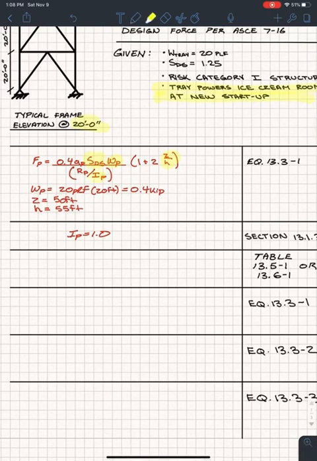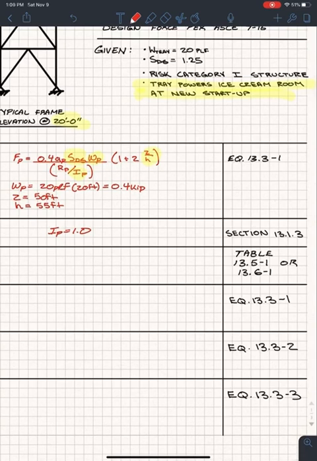The amplification factor and the response modification factor. So for those, you're either going to reference tables 3.5-1 or 3.6-1, and that's going to depend on the type of component you have. 3.5-1 has architectural components, 3.6-1 has primarily MEP components.